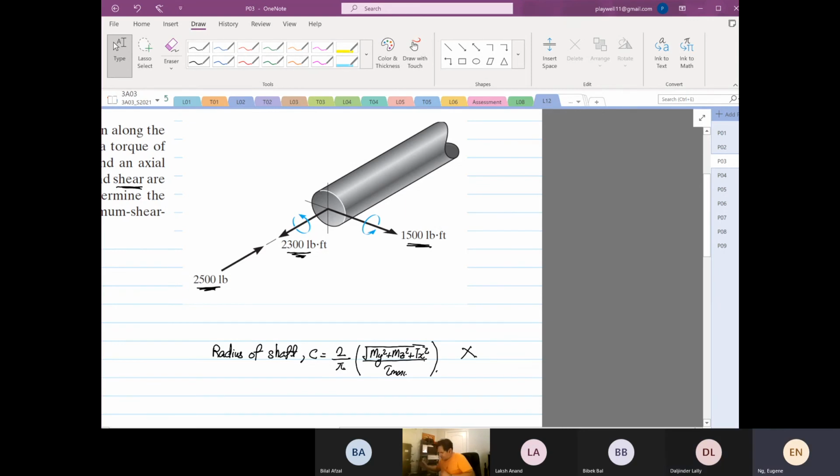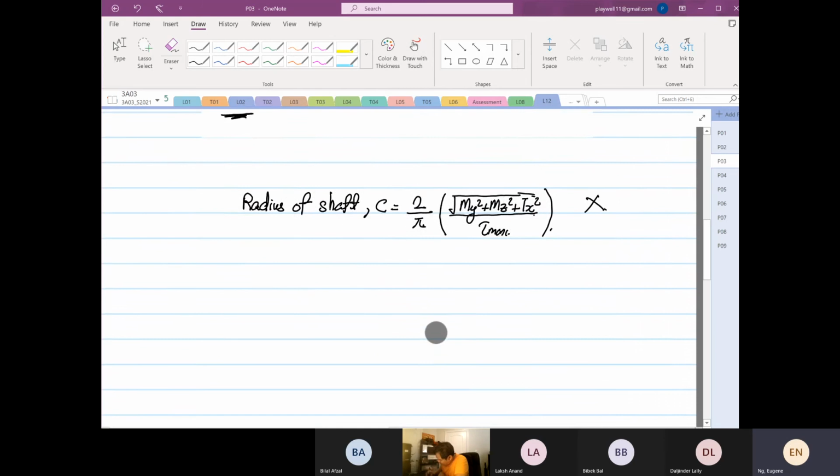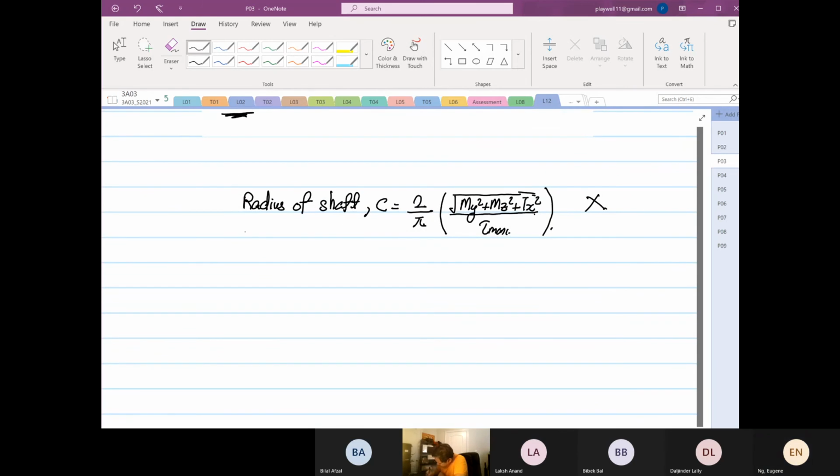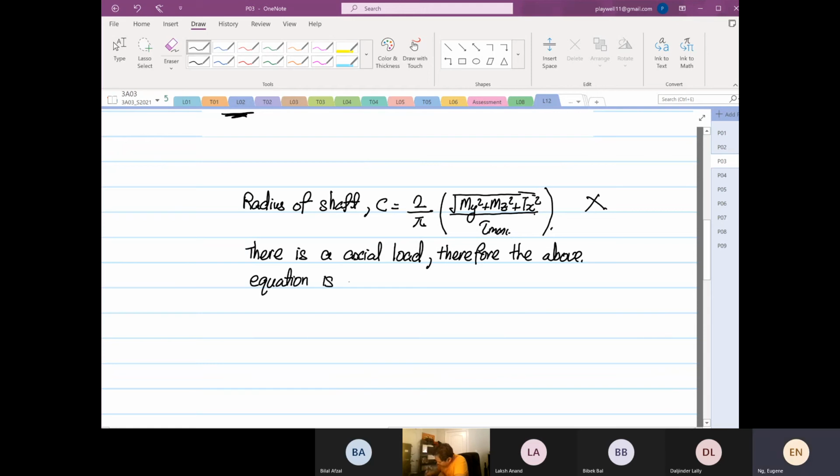Jindal, very good. We cannot use this because there is a what? Okay, there's an axial load, therefore the above equation is not valid.